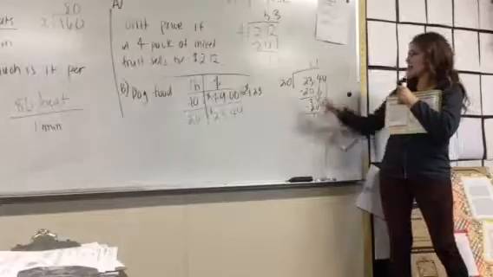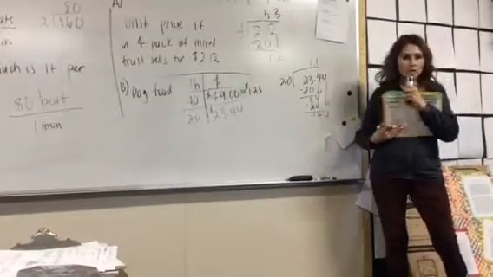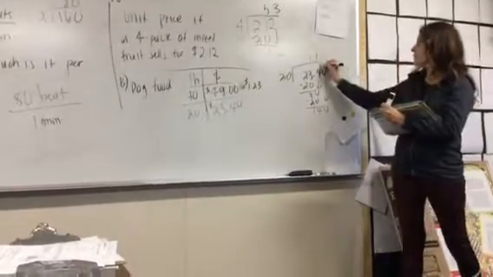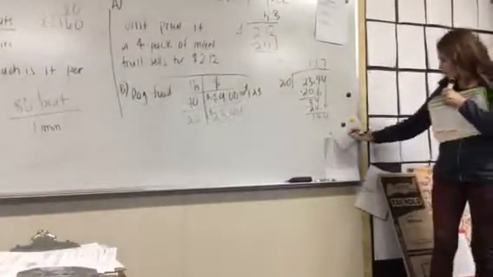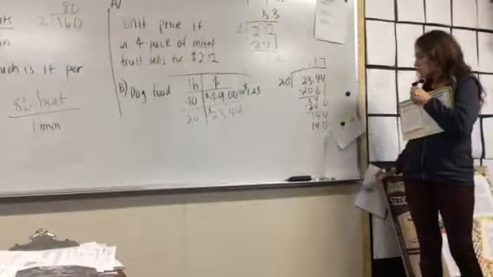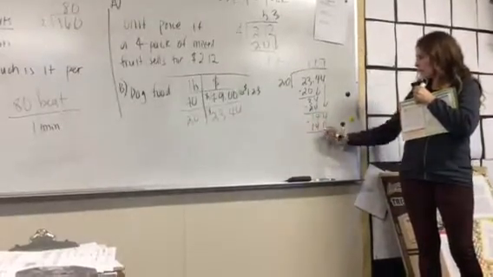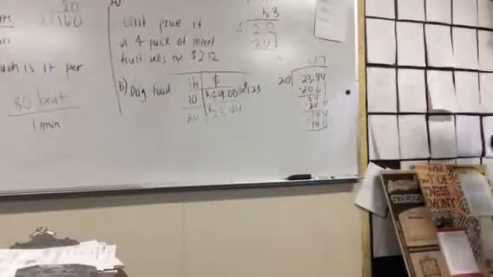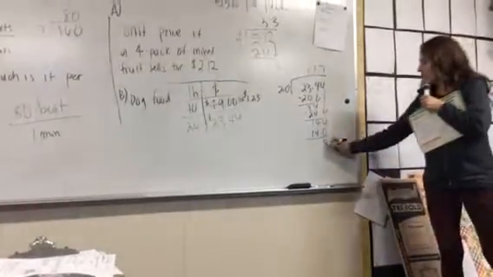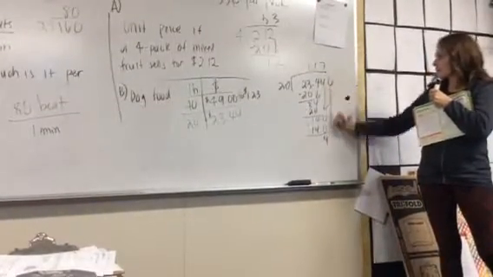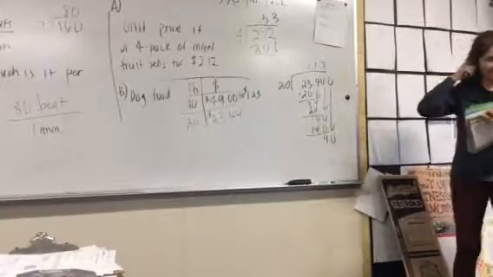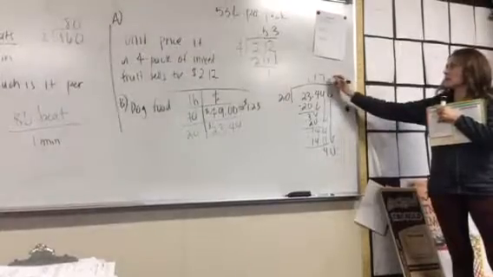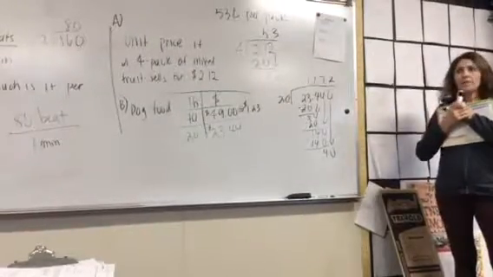Bring the next number down. 20 goes into 144 how many times? 7. 7 times 20 is 140. You bring the next number down. I'm going to keep on trucking because I want to round to the hundredths spot. So I get 40. 20 goes into 40 how many times? 2. Okay, I can round to the hundredths spot.